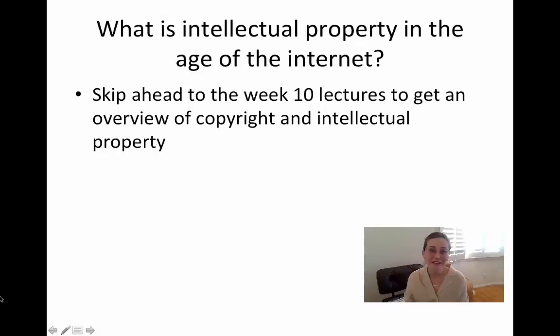Let's get started. Your final assignment in the course asks you to work in groups to develop a researched response to a smaller research question under this big research umbrella of what is intellectual property in the age of the internet. So as you get started thinking about this question, I would encourage you to skip ahead a bit in the course to the lectures in Module 10.